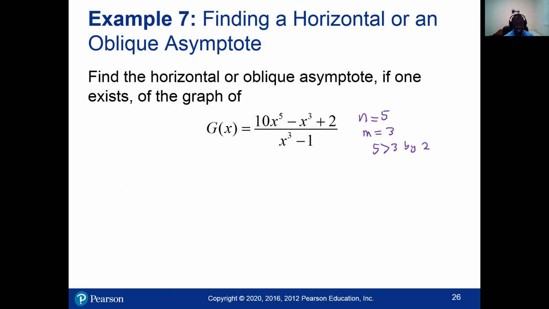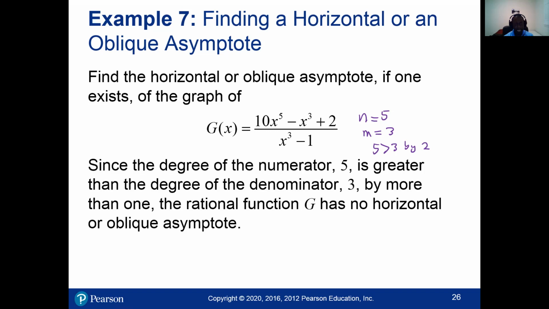It means that it has no horizontal or oblique asymptotes, but the end behavior is like that. Since the degree of the numerator, 5, is greater than the degree of the denominator, 3, by more than 1, the rational function g has no horizontal asymptote or oblique asymptote.